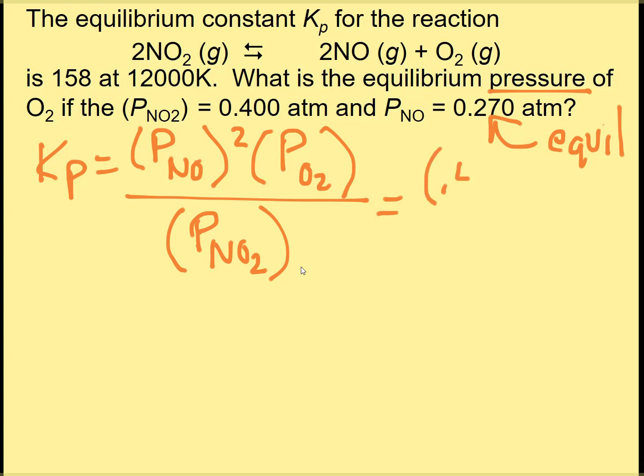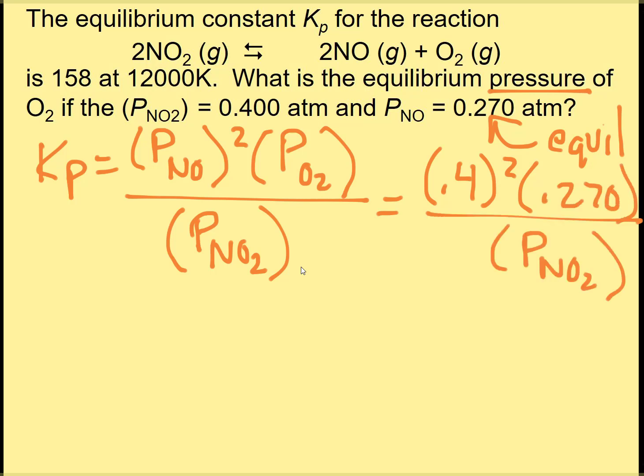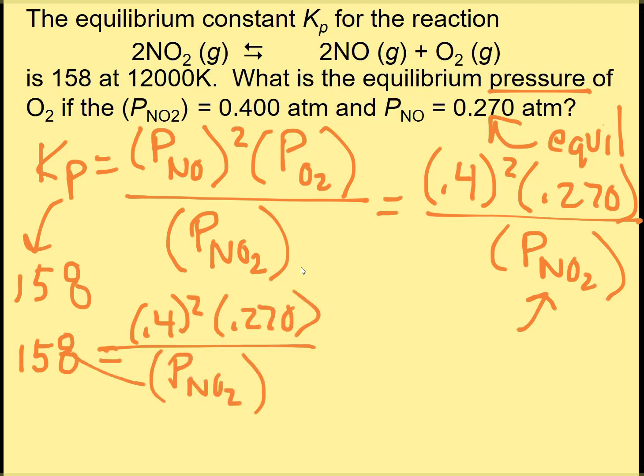So we have 0.4. So we're going to solve for this NO2. My Kp is going to be 158. So I end up with 158 is equal to, and I'm going to cross multiply.